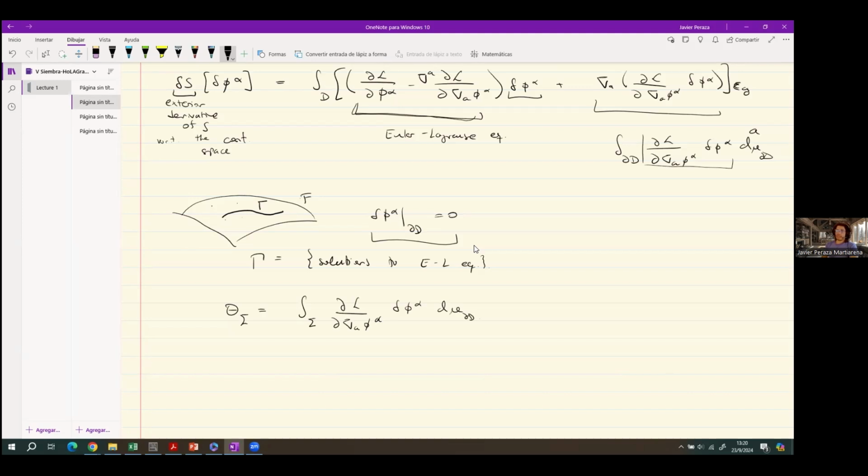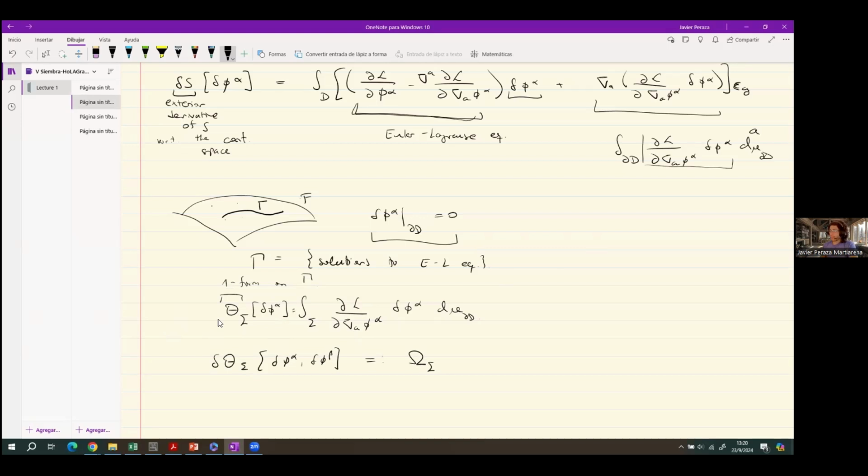So this object now, again, we can see it as a one form on gamma. Okay, so it's a one form. That means that it takes a vector and it gives you a number. This is a one form, and we can define the exterior derivative of this object, which will be the definition for the presymplectic form.